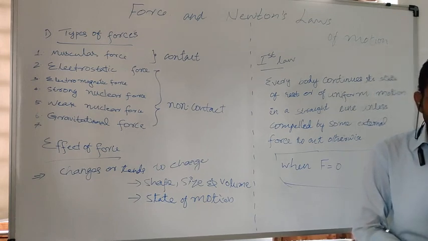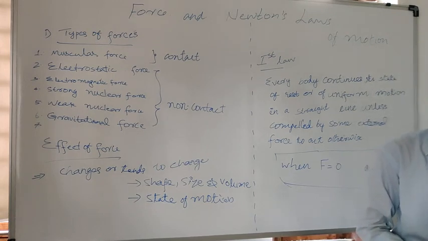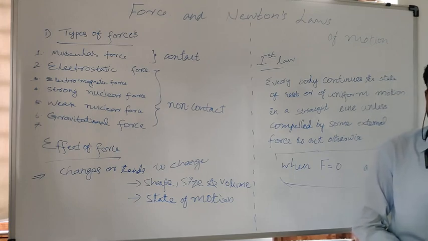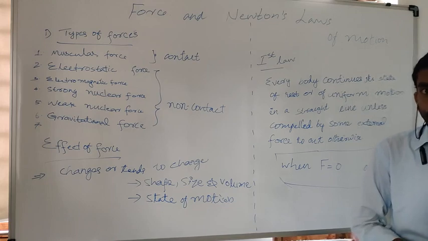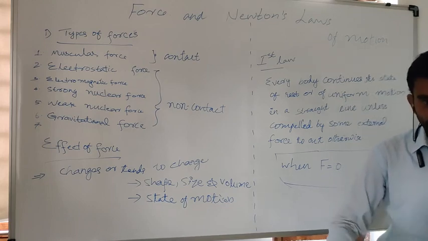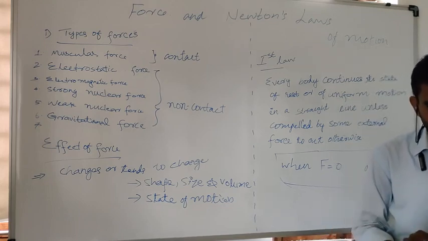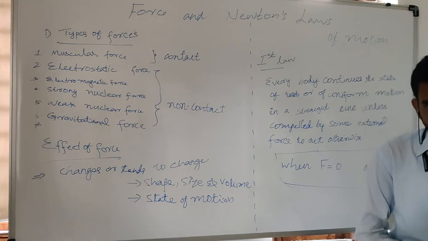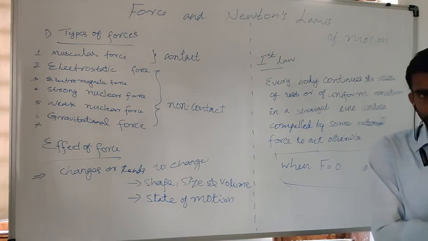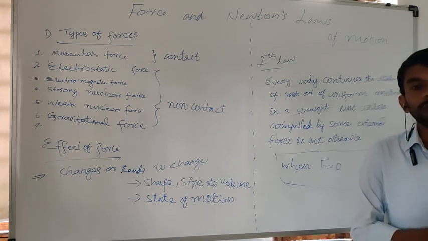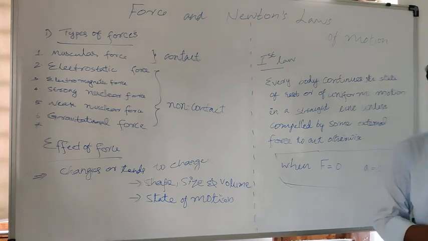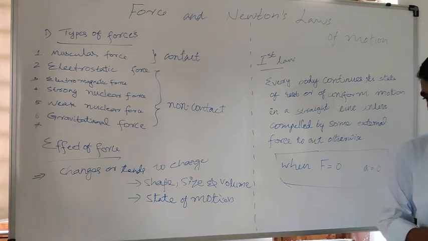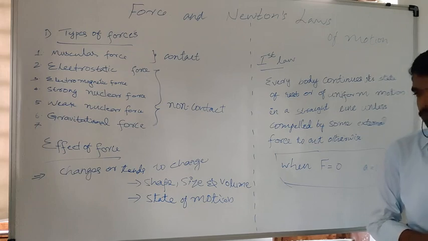So since the frictional force acts on the ball while it rolls, the speed of the ball gets reduced. If there had been no friction, if the surface was frictionless, then the ball will move with the initial speed and in the same direction.